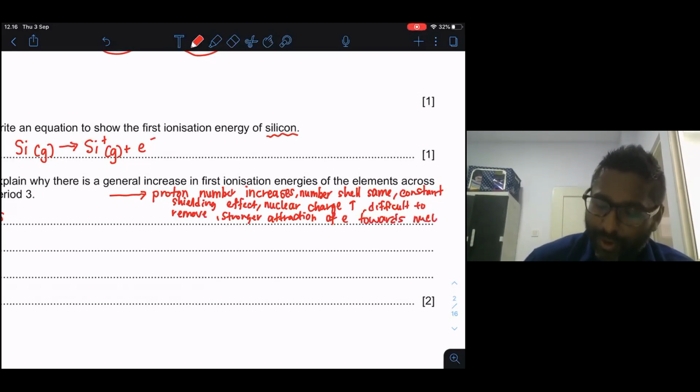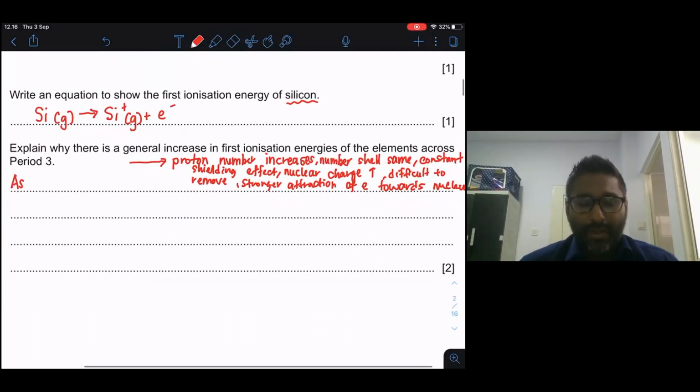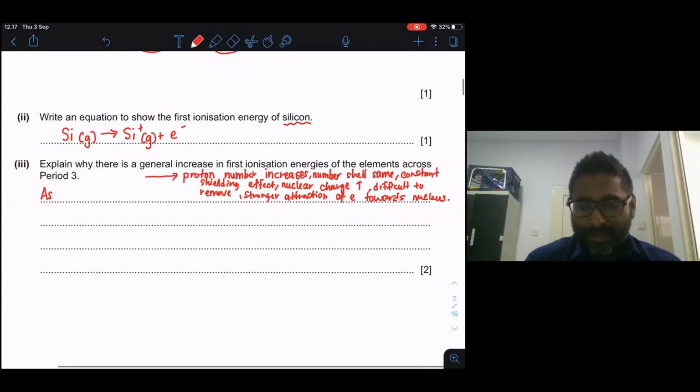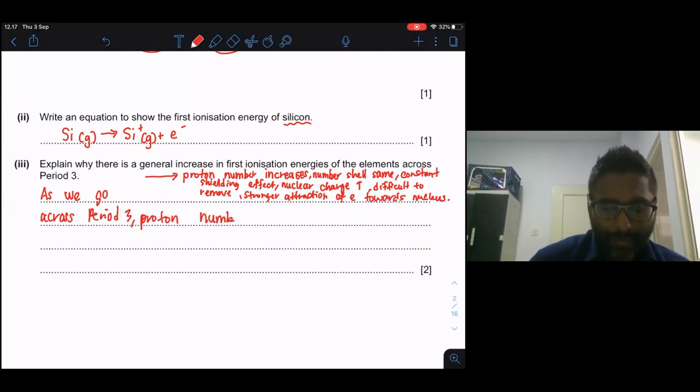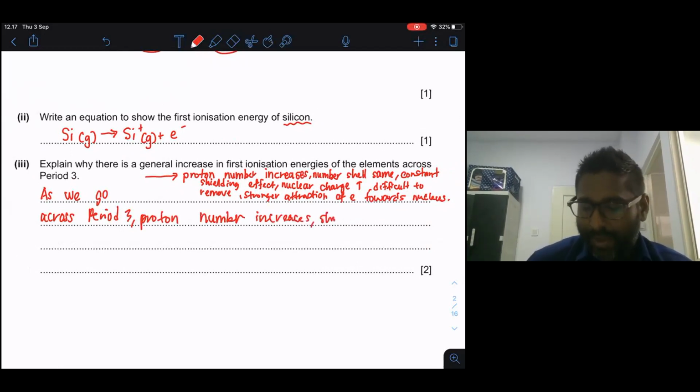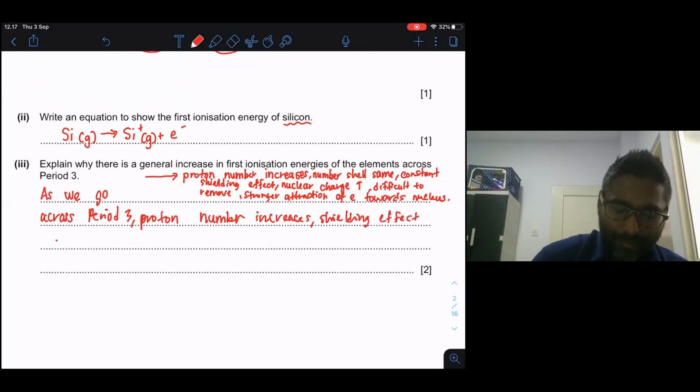So you need to put all these things here. As we go across Period 3, the proton number increases, the shielding effect is constant because the same number of shells.